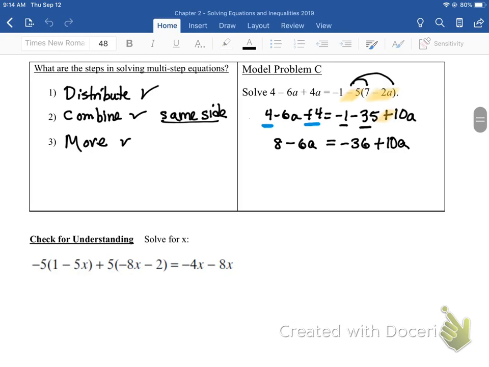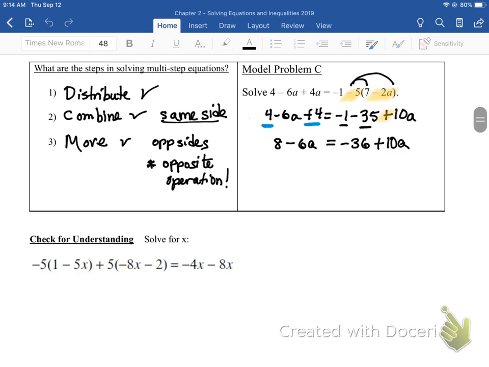Now the move. Okay? The move if they're on opposite sides. That means you're going to move on one side from one side to the other. Okay? And that is where you do the opposite operations. Not the distribute step. So, move the smaller one if you can.